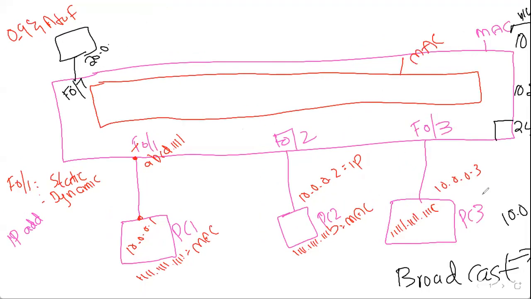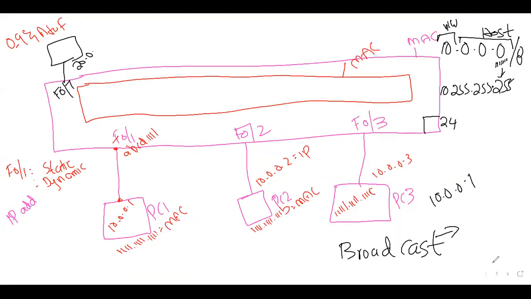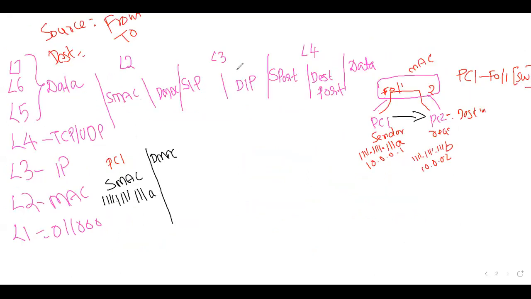So I'm sending information to everyone within that network. My system IP is 10.0.0.1, so the destination MAC I do not know. So there is a broadcast, which means sending to everyone.